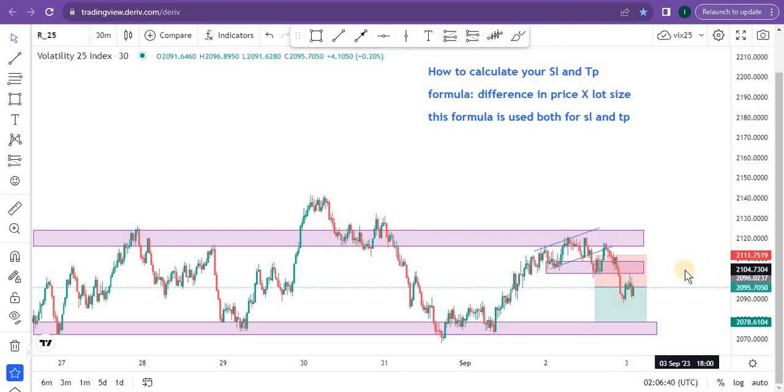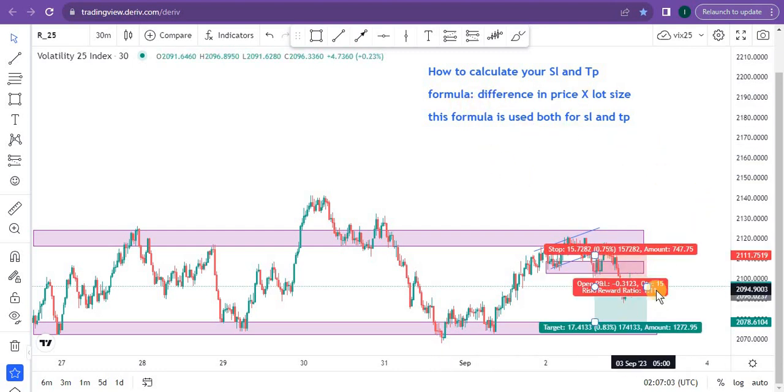So it means you're going to know the level where you want your market to get before you take yourself out of the market. That particular price is what you're going to be subtracting the entry point from, or the entry point from your SL point. Once you do that, you're going to have what we call difference in price.